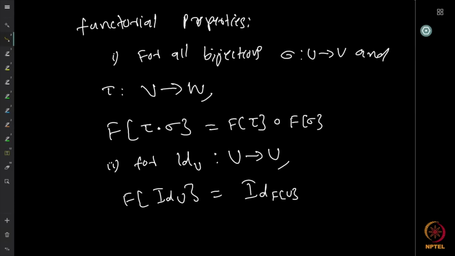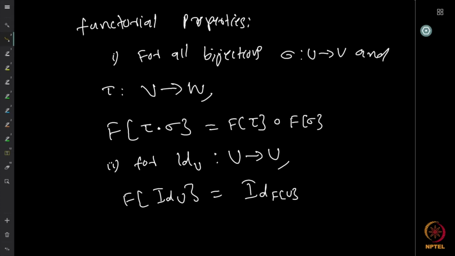For every pair of bijections σ and τ, σ going from U to V and τ going from V to W, you look at the composition τ∘σ. What does τ∘σ do?